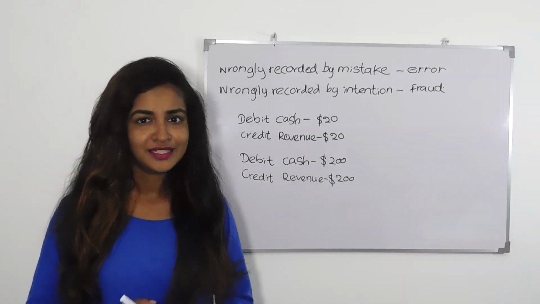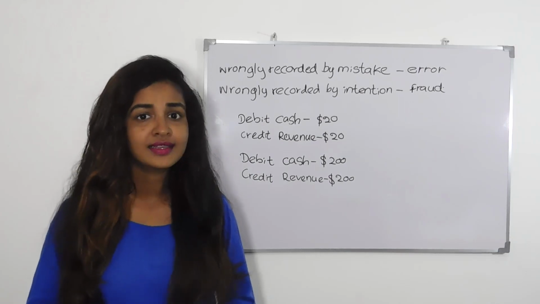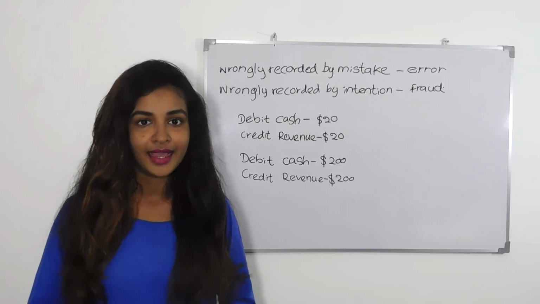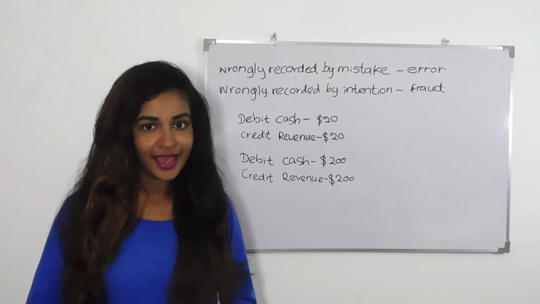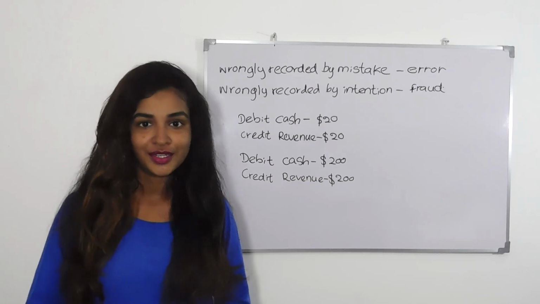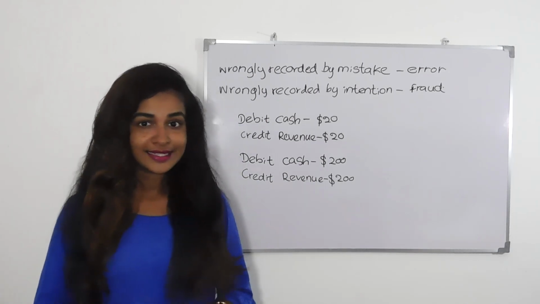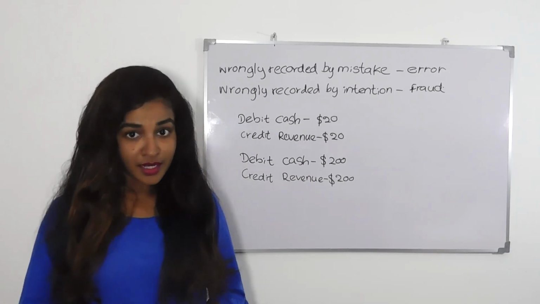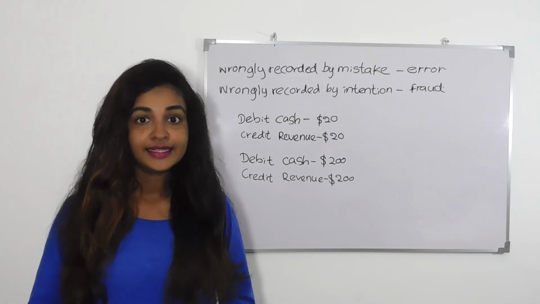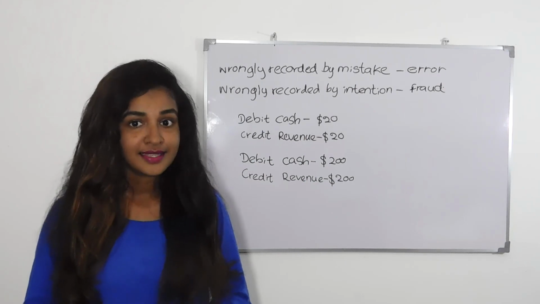Later that month, Mr. John came to your spa and asked why his card was overcharged. So your accountant noticed that there was an error and he had recorded the transaction with $200 instead of $20. To correct this error, an entry must be passed with the difference of the error amount, that is $180.